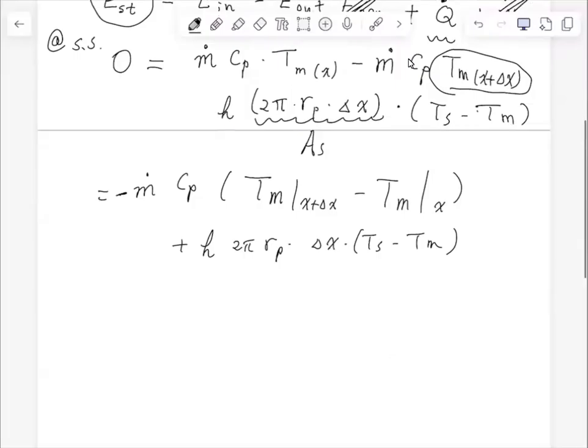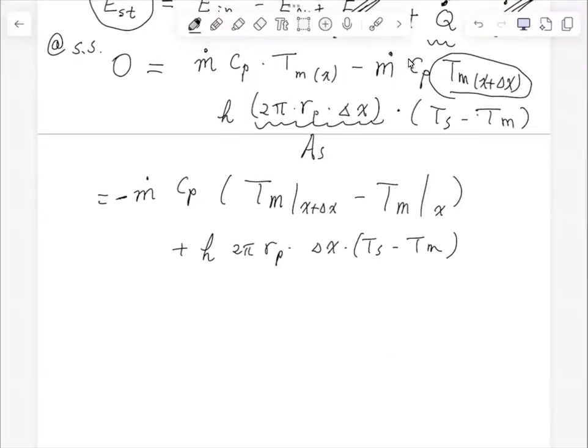Still the same, okay? So now you can see it is a derivative of the temperature differences. So I'm going to just move this first item to the left side of the equation. So I'm going to have Tm at X plus delta X, and then at X, okay?